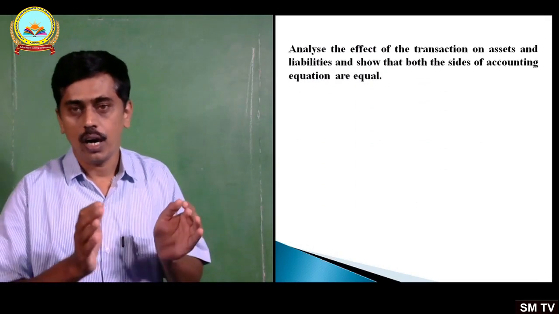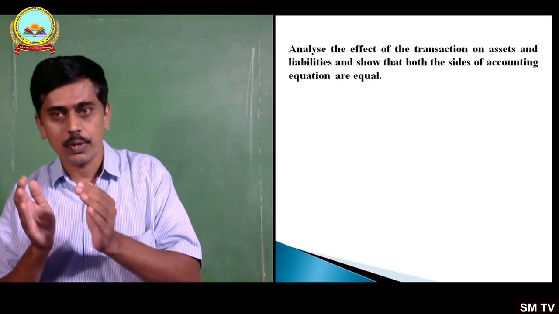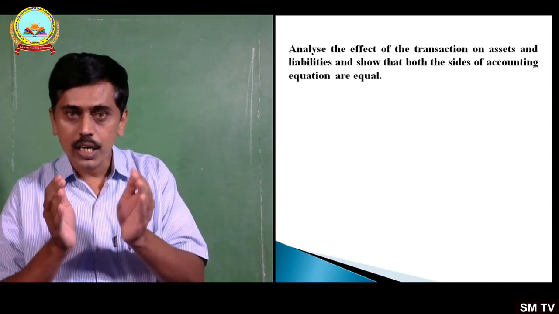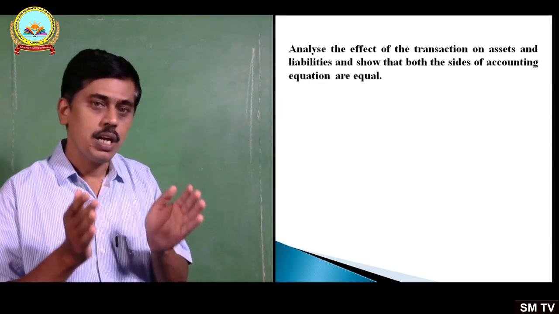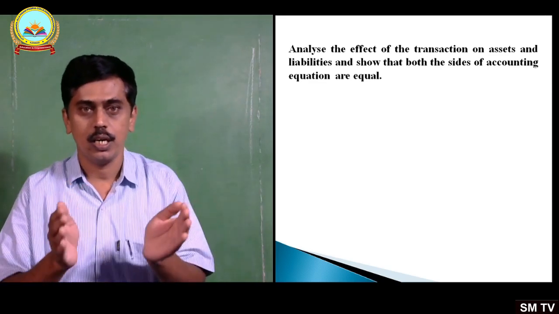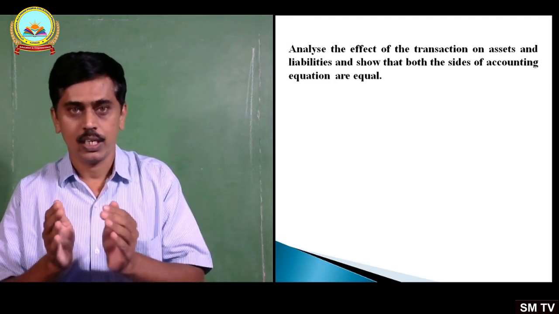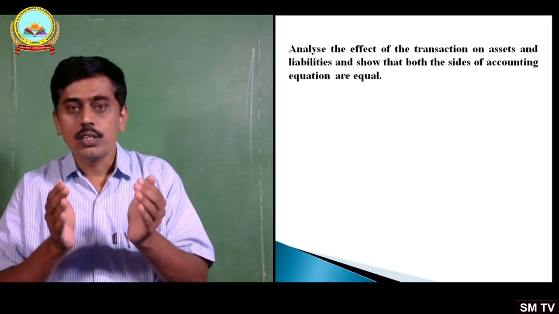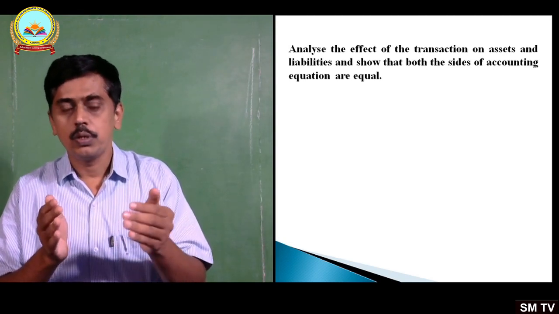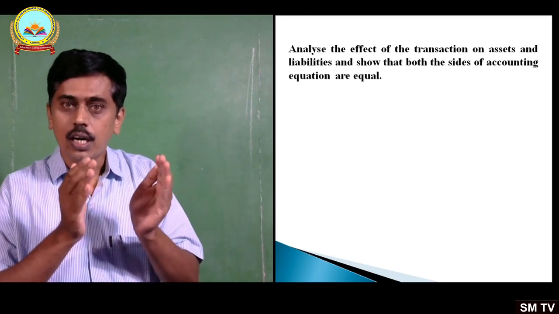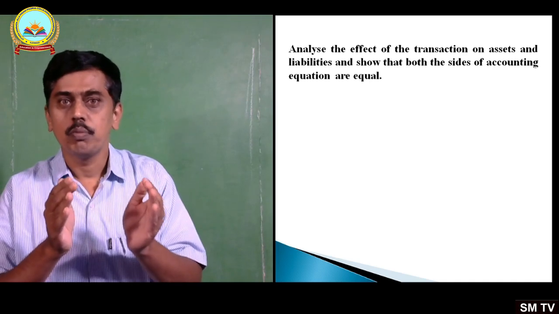One aspect is represented by the assets of the business and the other aspect is represented by liabilities and capital, meaning the claim over those assets. And today let me take up 2-3 examples so that the accounting equation concept will be more clear.